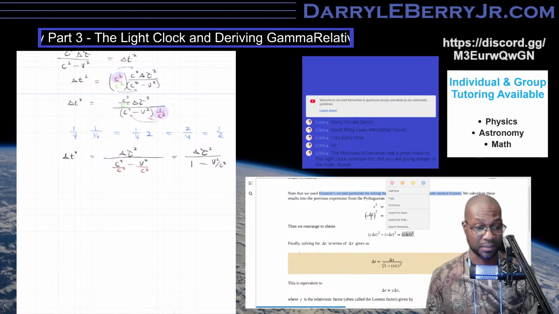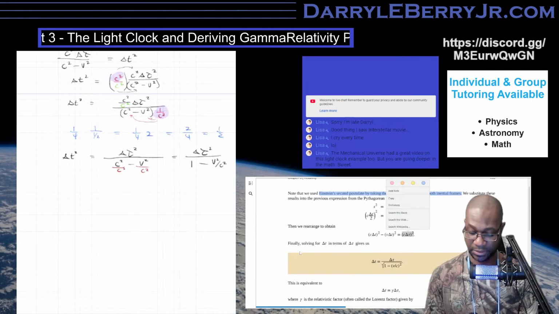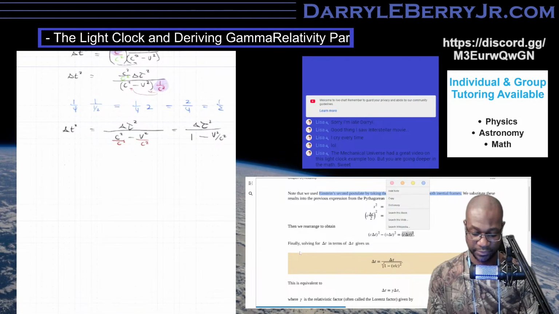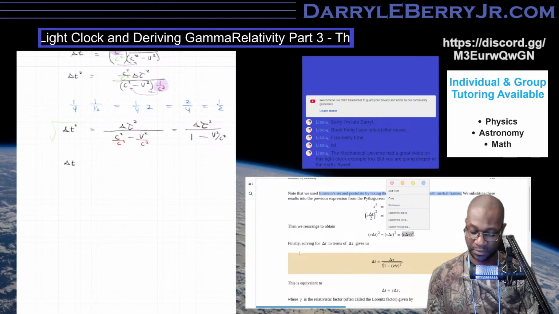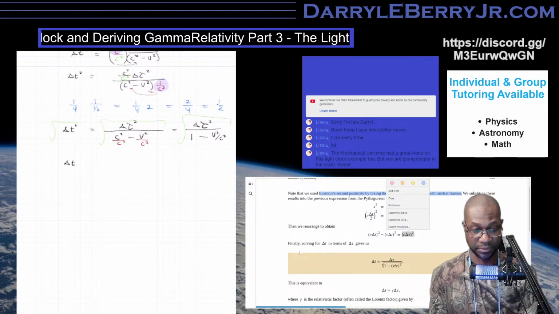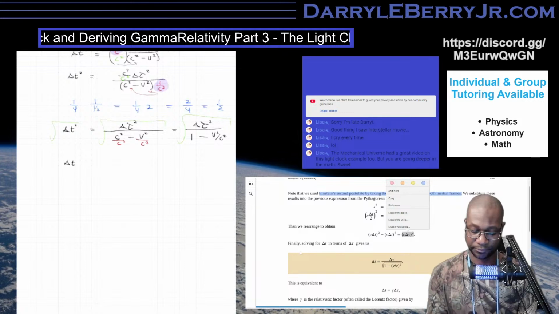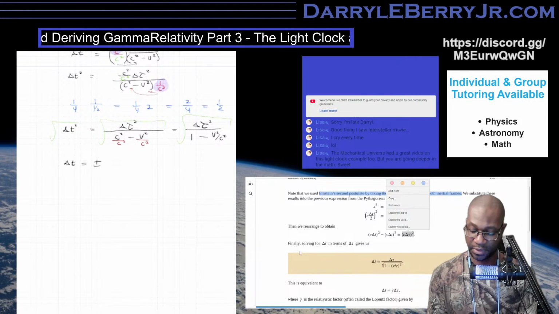And now we see how, well, actually the book did one more thing. So let's do the last thing that it did. So we have change in t. Basically I could take a square root of all of this. If I take the square root of all of that, I get change in t on the left side equals plus or minus, when I take the square root.